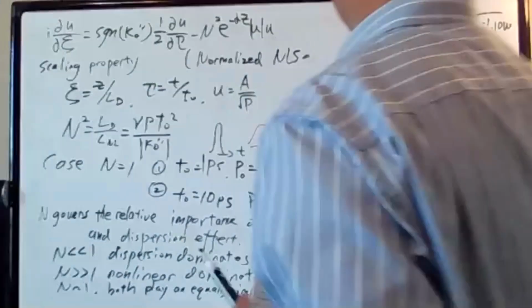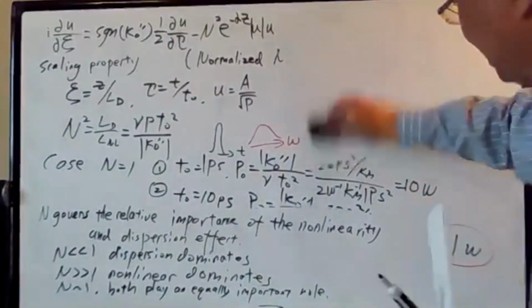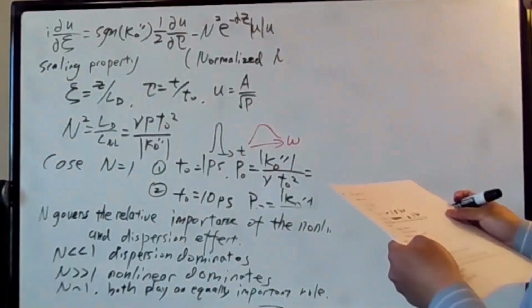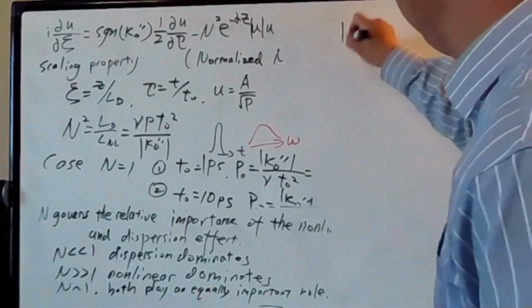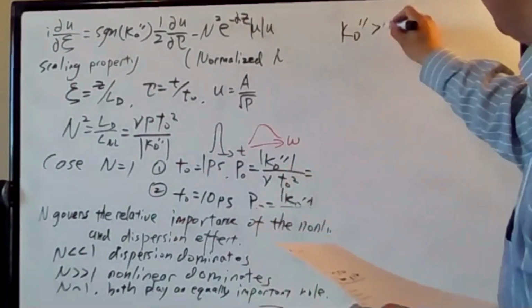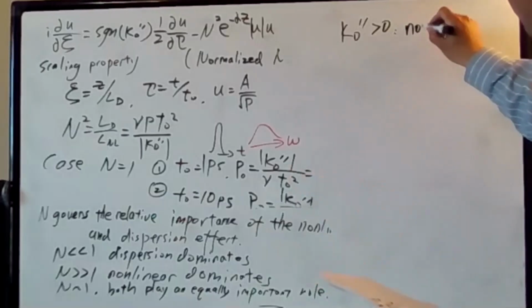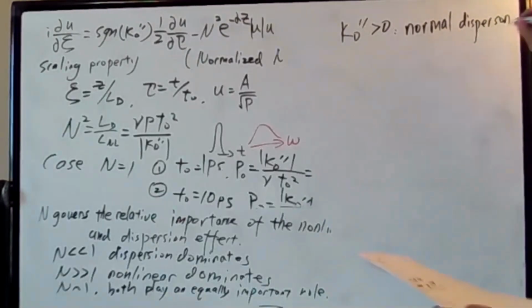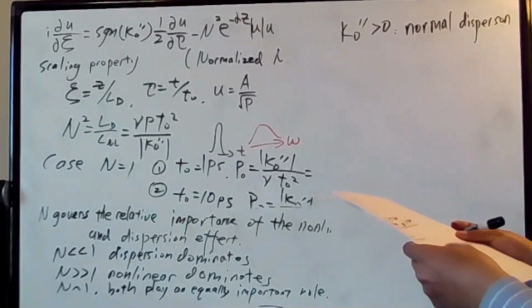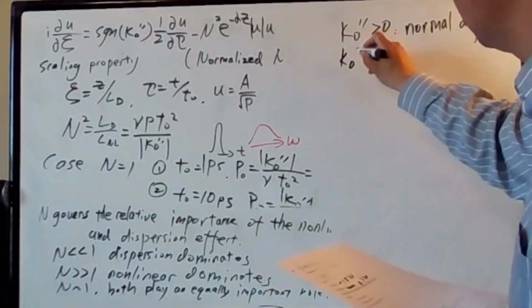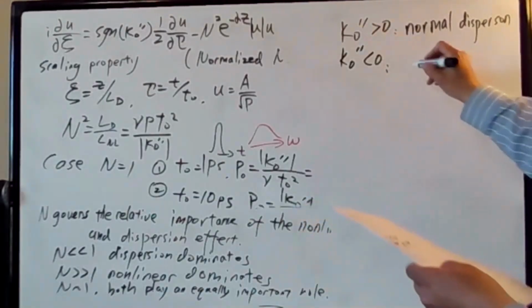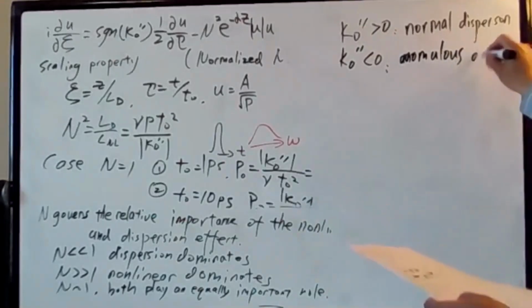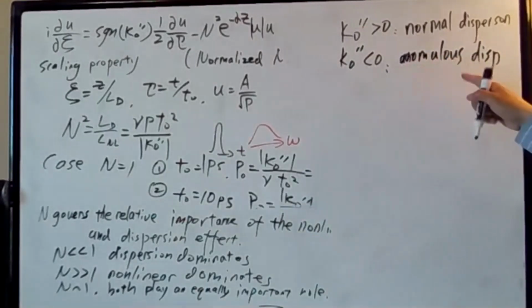Okay, so we also want to define a sign. If the k naught double prime is greater than 0, it's called normal dispersion. If k naught double prime is less than 0, it's called anomalous dispersion.